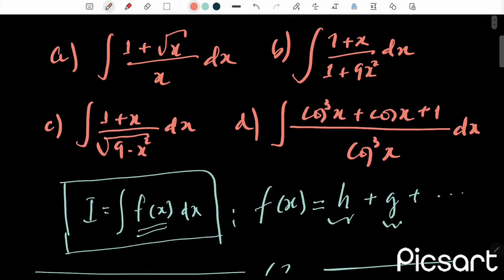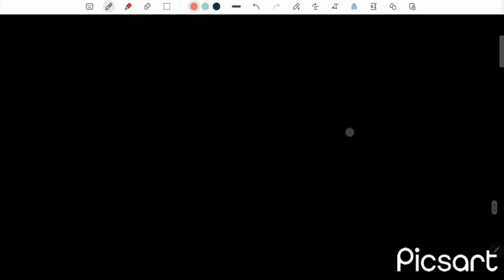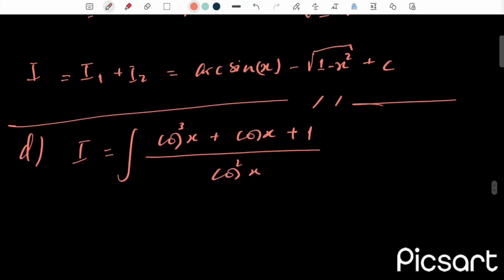Maybe here we have something wrong. Here it must be power 2, yes, d of x.